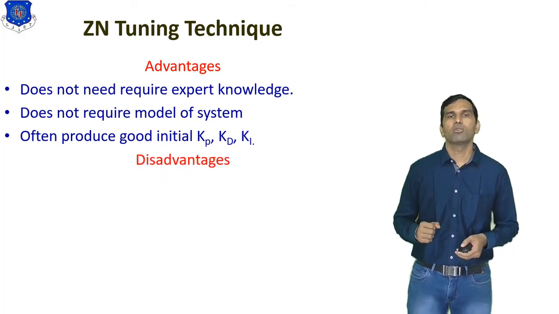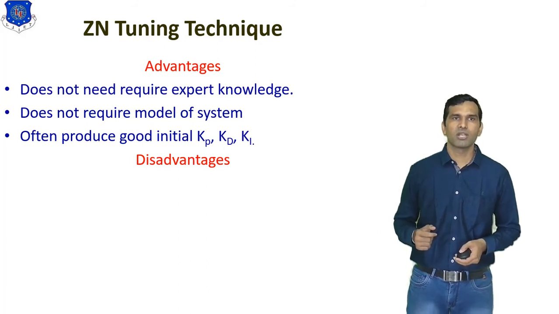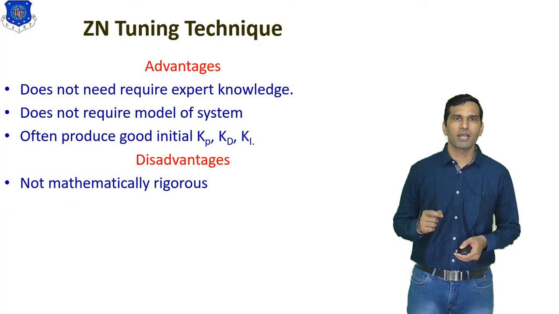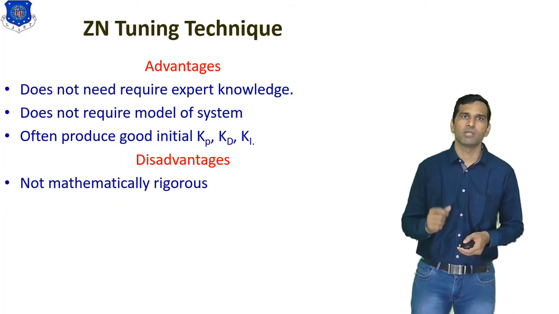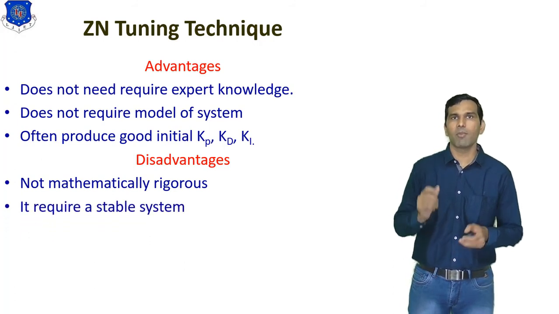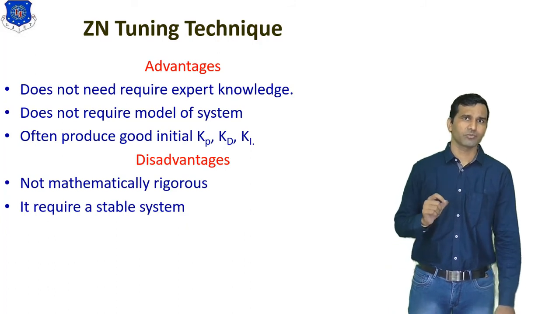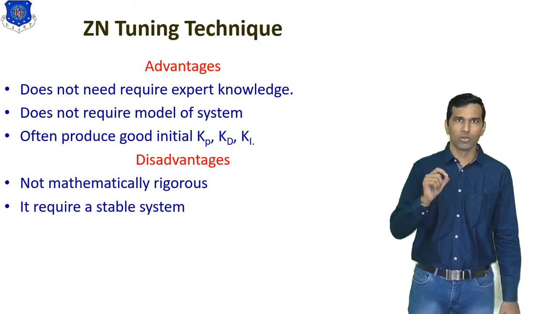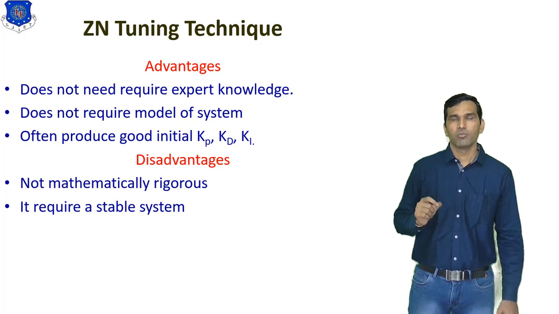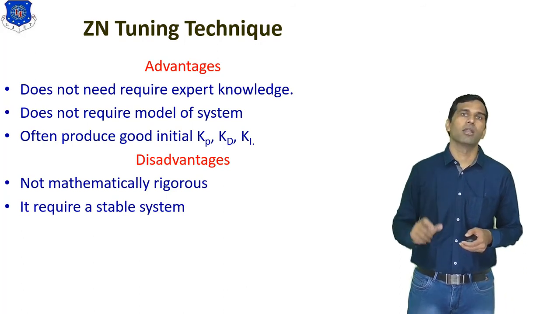Now we discuss a few disadvantages of this tuning technique. First is that it is not mathematically rigorous. This is the main disadvantage. Second, it requires a stable system, because we can apply ZN tuning only when the system is stable.